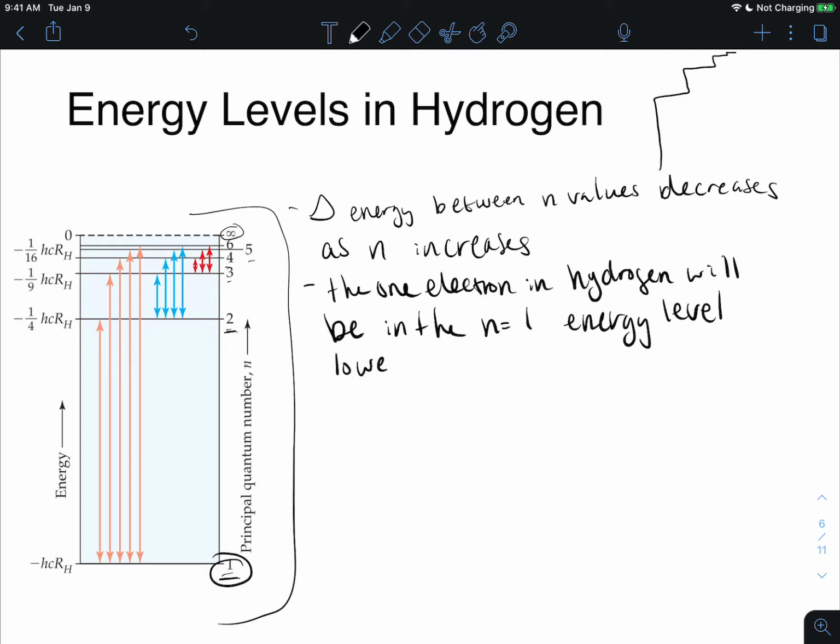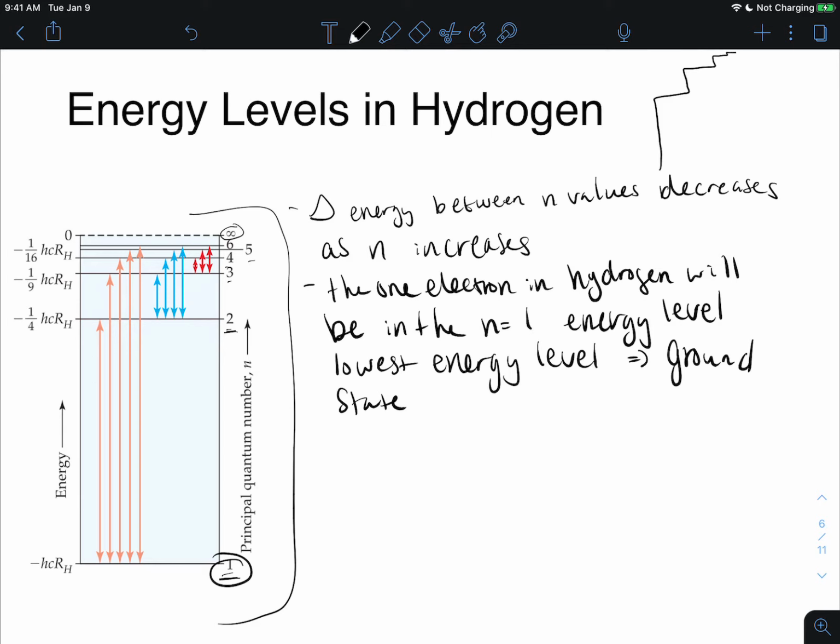This is the lowest energy level, and we call this the ground state. So the lowest energy level that an electron can occupy is its ground state.